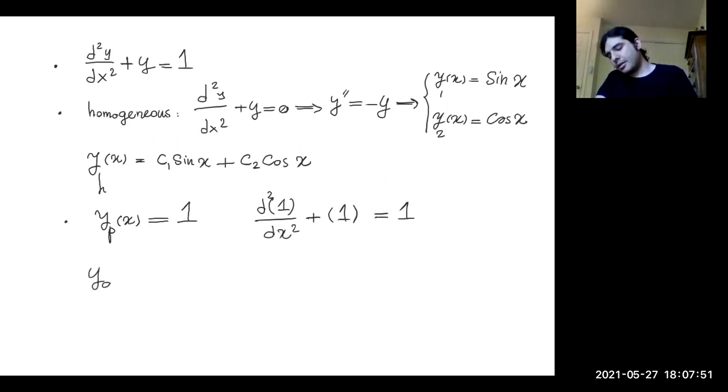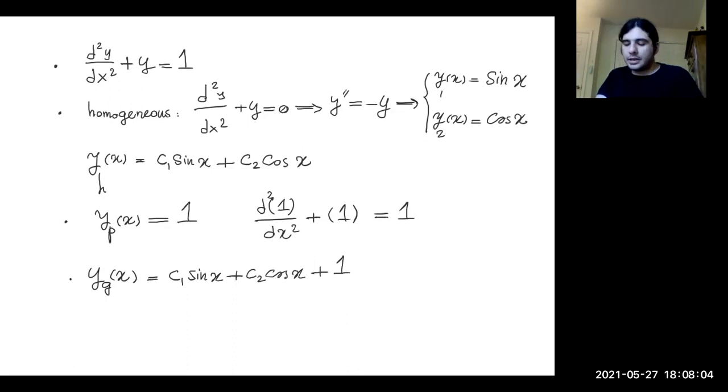So the general solution would be the general solution to the homogeneous part plus this particular solution. But now let us use this variation principle. Suppose at some point we can't guess. Here we guessed this is a particular solution.